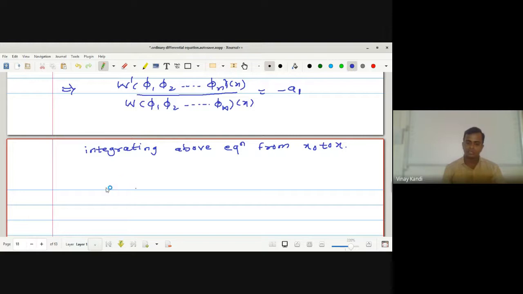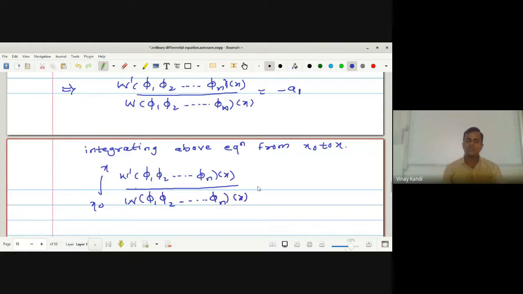So we get the integration from x naught to x of W dash of phi 1, phi 2, up to phi n of x upon Wronskian of phi 1, phi 2, up to phi n of x dx, which is equal to the integration from x naught to x of minus a1 dx.